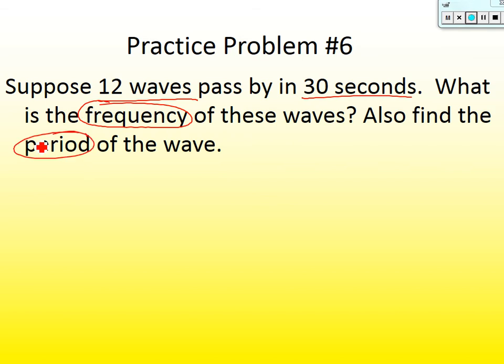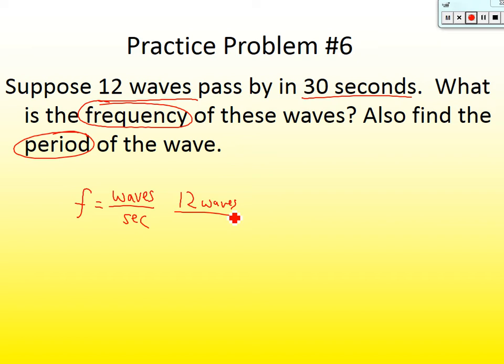So, help me out. Frequency, how do you find frequency? Isn't it the waves over seconds? Yeah. Waves over seconds. It's the number of waves that go by in a number of seconds. So how many waves went by? 12 waves. In 30 seconds.